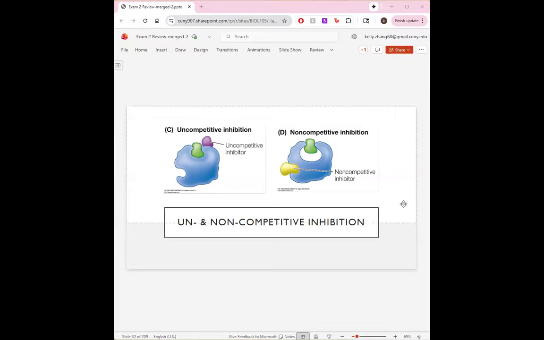Let me repeat. Non-competitive inhibition is when the inhibitor changes the shape of the active site so that the active site no longer binds to the substrate. And the uncompetitive inhibitor binds only to the enzyme substrate complex.